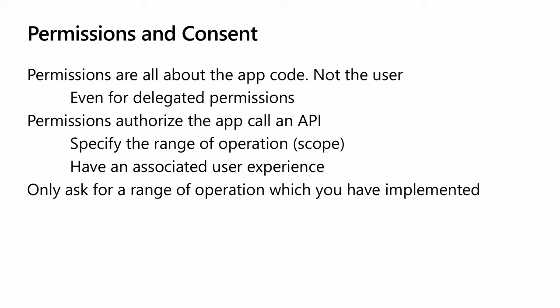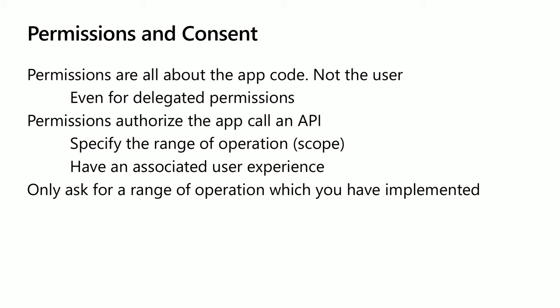As a result, it's really important that you as a developer participate here in making sure you only ask for the range of operation you've actually coded. If you haven't written functionality to write, you shouldn't be asking to write. If you haven't written functionality to read groups, you shouldn't be asking to read groups.